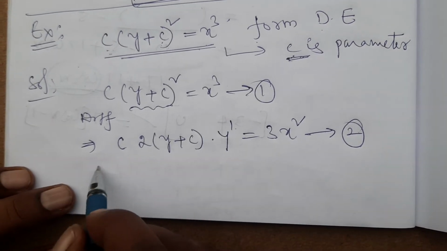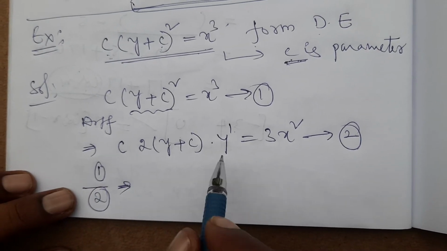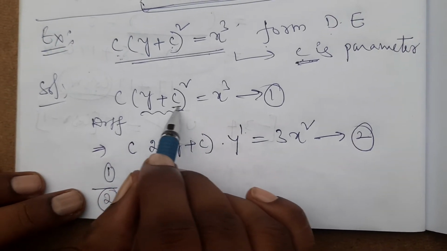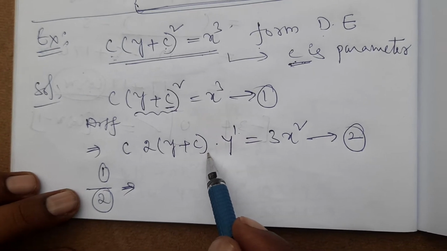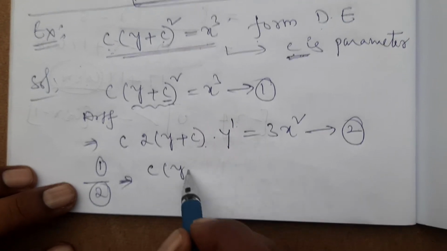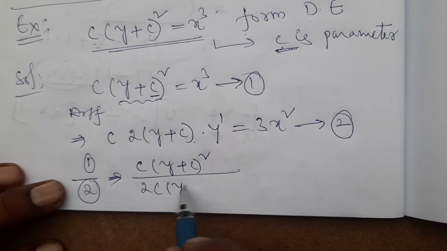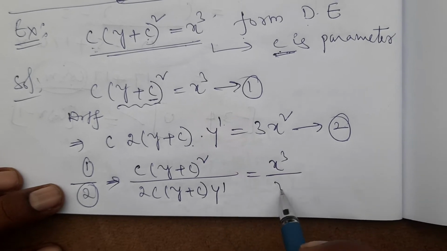Now listen. I will do equation 1 by equation 2. Whatever method you can use, our aim is to eliminate the parameter c. So c into y plus c whole square by 2c into y plus c into y dash equals x cube by 3x square.